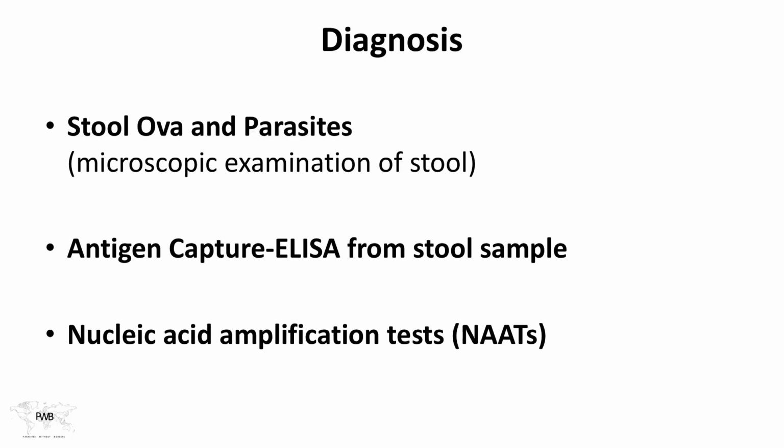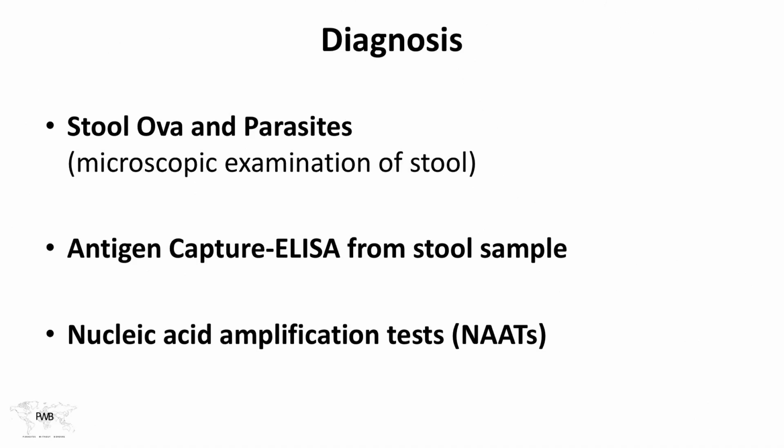There's really 3 main ways. The historical way that this has been done is through an examination of stool, an ova and parasite exam, looking at the stool under the microscope. Unfortunately, this requires several stool exams. It lacks a certain amount of sensitivity, and particularly the chronic people who are just passing the cysts might be missed.